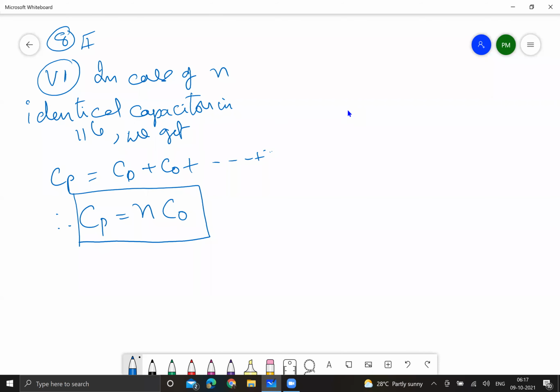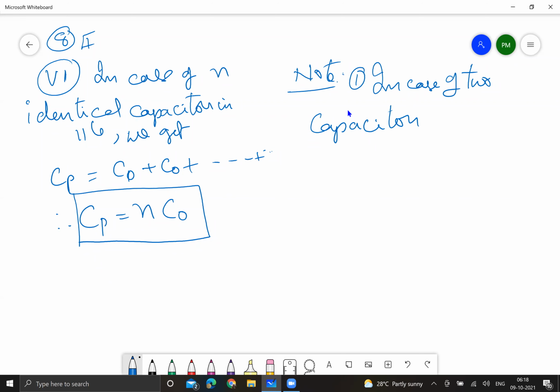Note: in case of two capacitors, Cs will be C1 C2 by C1 plus C2.